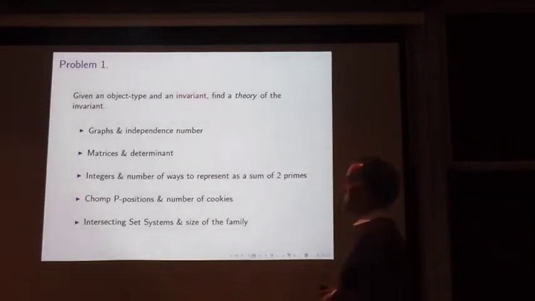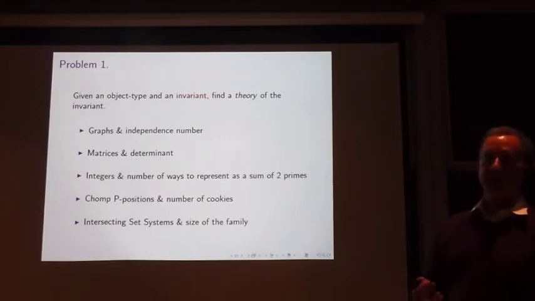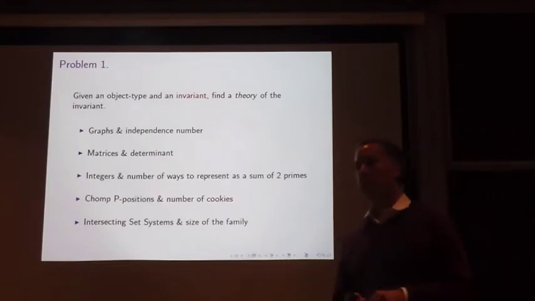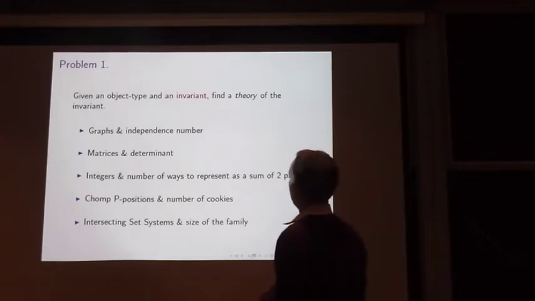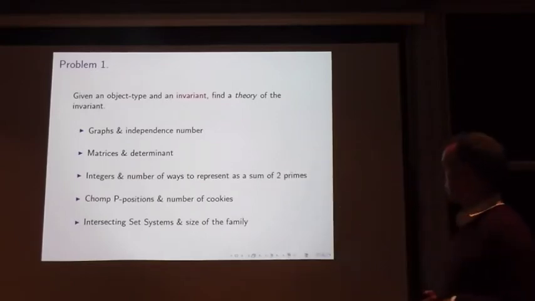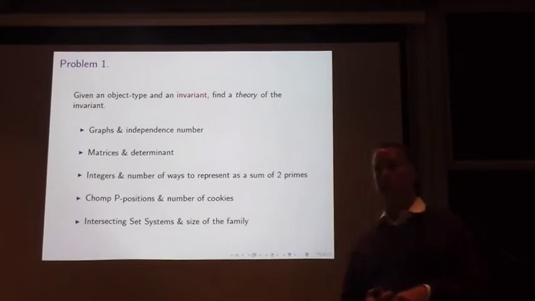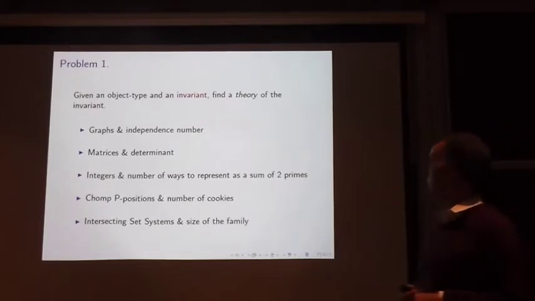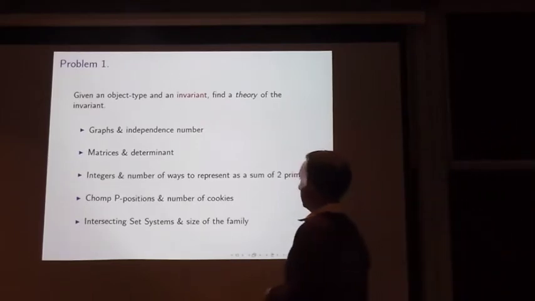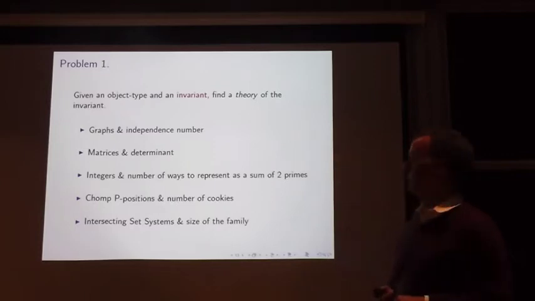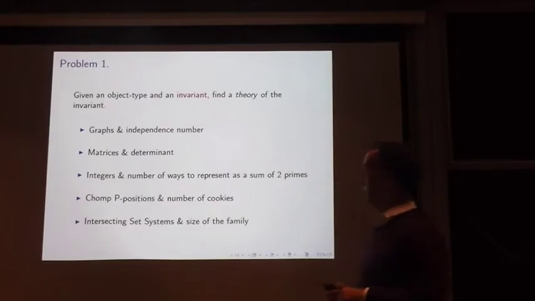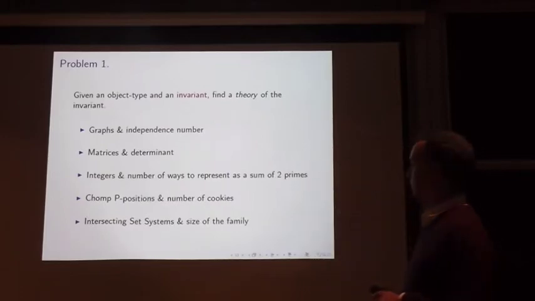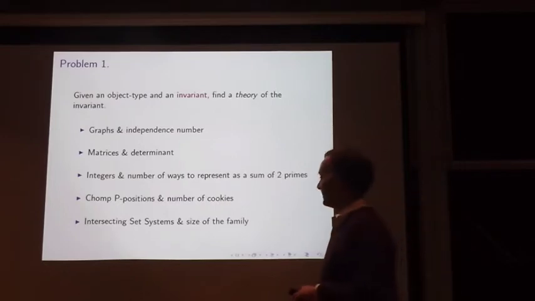Other object types include matrices, and then a determinant would be an associated matrix invariant for square matrices. Integers would be an object type. Maybe the number of ways you could represent the integer as a sum of two primes might be an interesting number associated with an even integer. Well, you could define this for any integer, but the even integers are a special case.